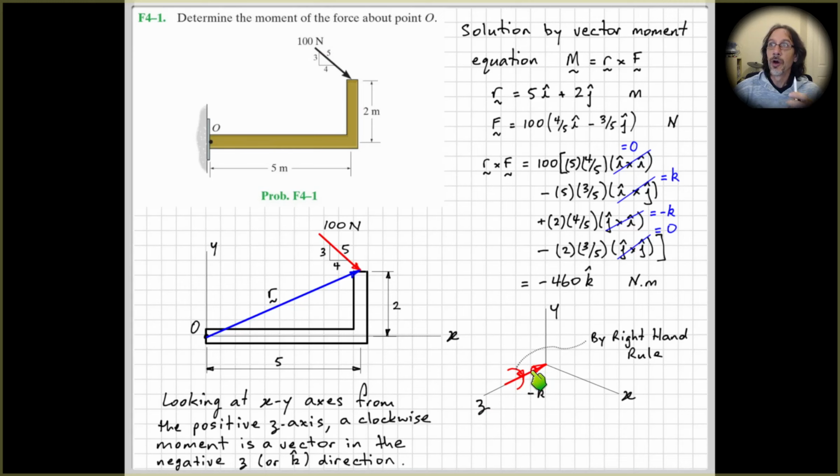So that's why, when I said before that if you have x to the right and y upwards like this, then to be strictly correct, anti-clockwise is the positive direction for a moment. All right, so that's the end of that problem. That was a fairly long explanation, hopefully not too long, but hopefully helpful.